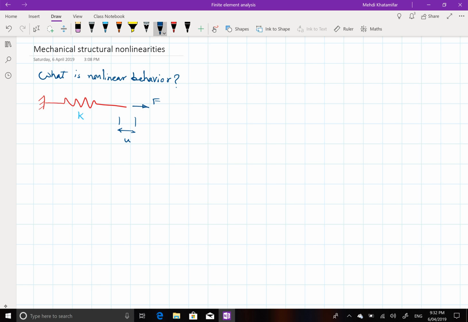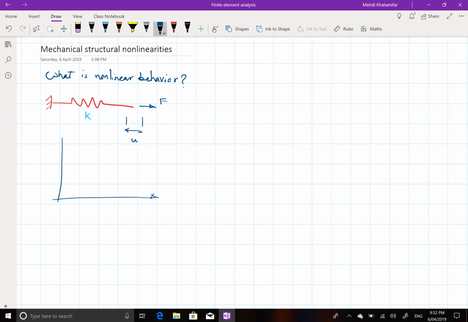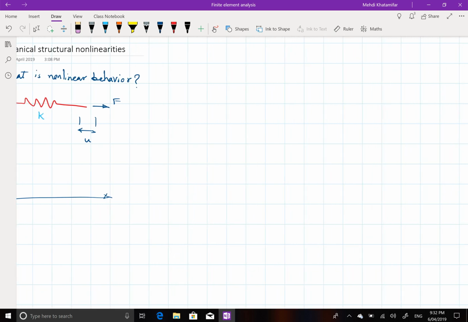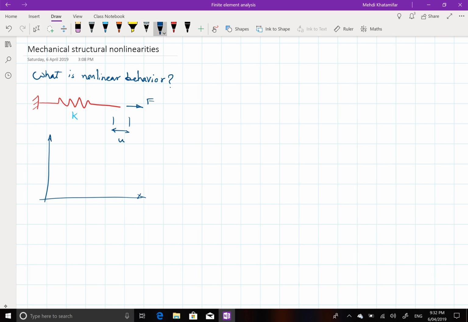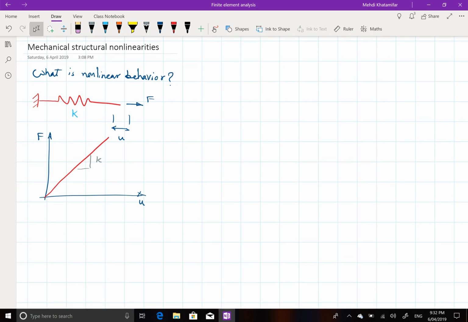And when we draw the displacement and force diagram, it was something like this, linear, and I said this slope is going to be K, and we considered K a constant number.